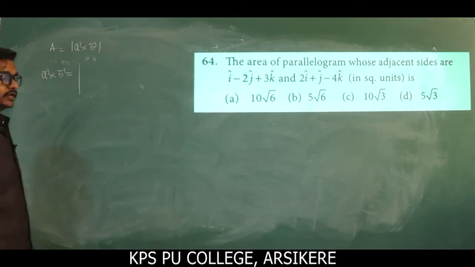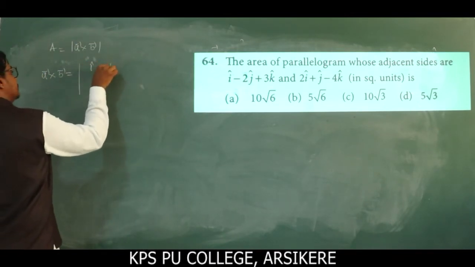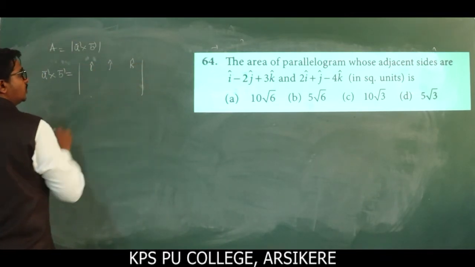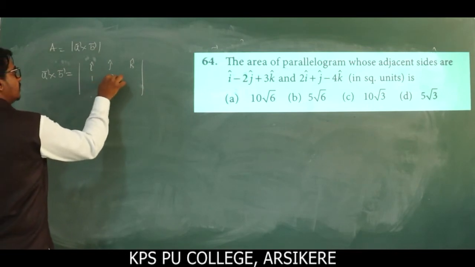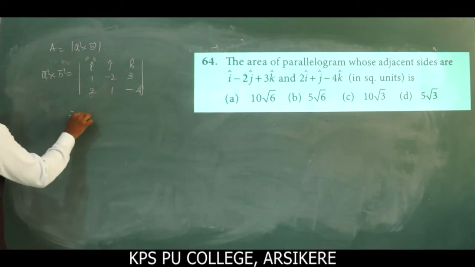Take the first vector as vector A and second as vector B. First row I, J, K. Second row, components of vector A: 1, minus 2, 3, and this here is 2, 1 and minus 4. Expand the terms here.